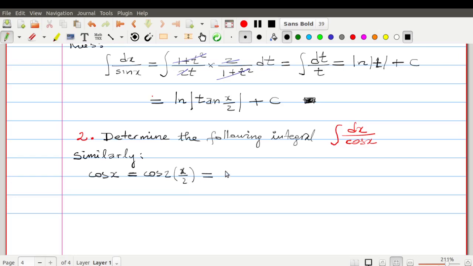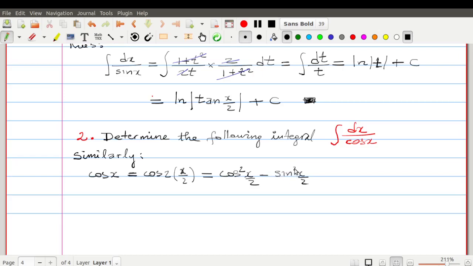I can write that as cosine square x by 2 minus sine square x by 2. That's one way. Let's use this one, because this is our half angle.